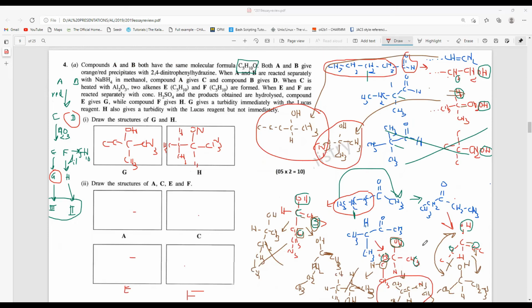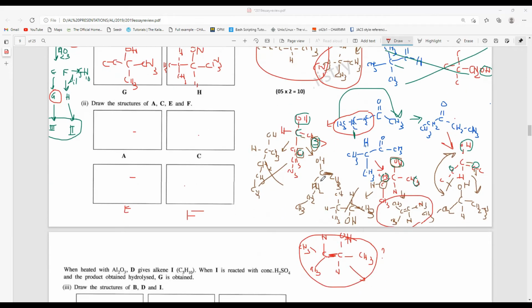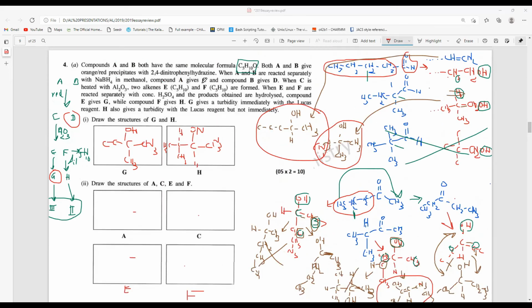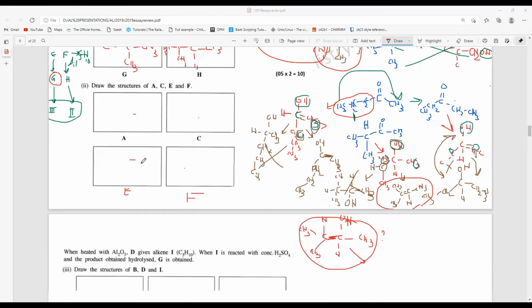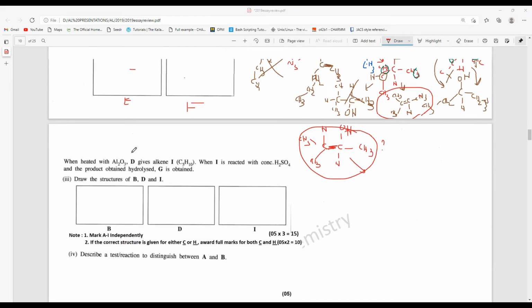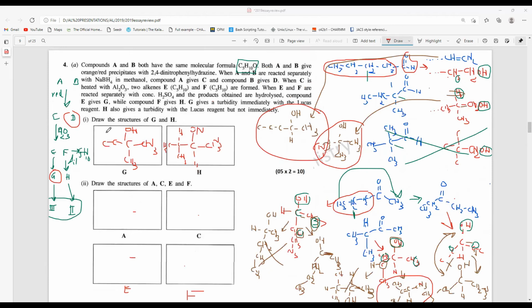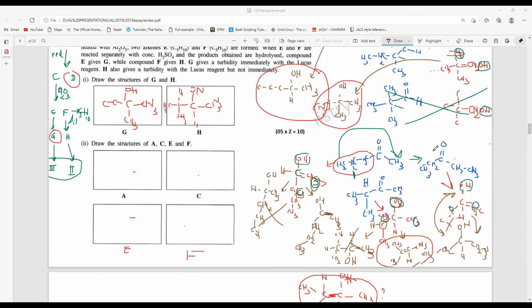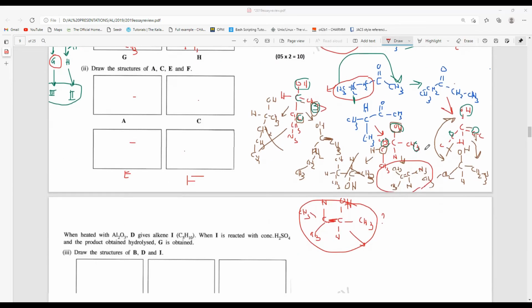think about the rest of the compounds that we have drawn, and then check which one, when you react with Al2O3, which means you dehydrate it, and you again hydrate it, you will obtain the same compound G. So what would give the same compound G when one of these compounds gets dehydrated and then hydrated again?